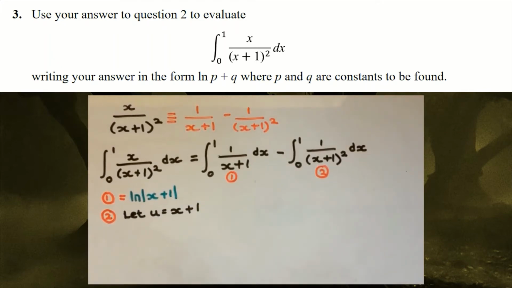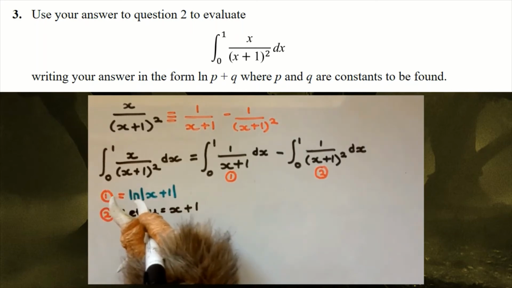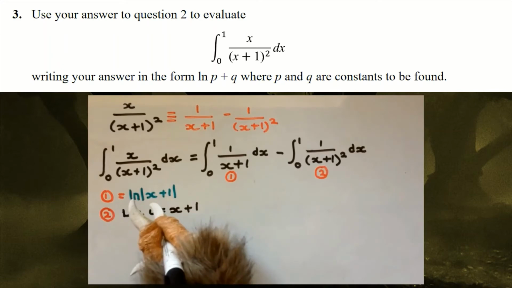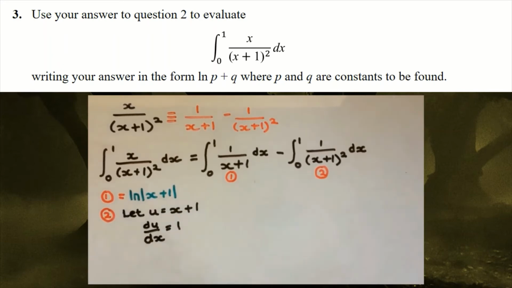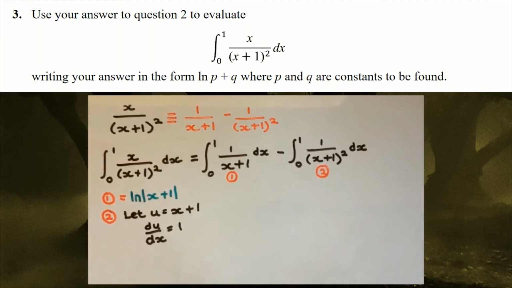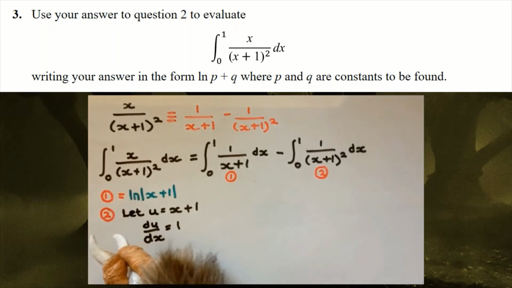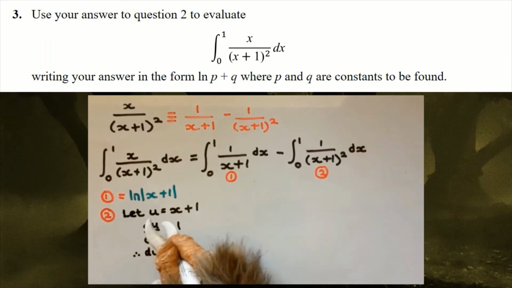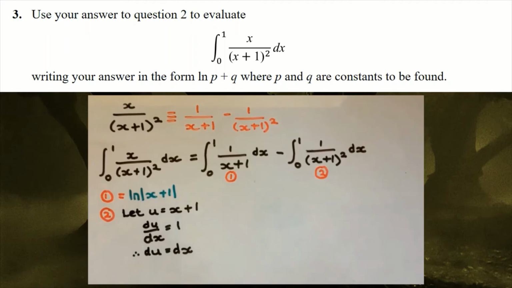Now du by dx, this is where you get the nice result here. Du by dx is just going to be 1. So I can interchange my u and my x without having to worry about any cancellation or anything like that. It's just going to pull the x plus 1 straight out. So therefore my du is equal to dx, like that.